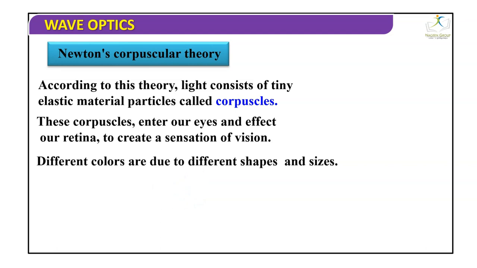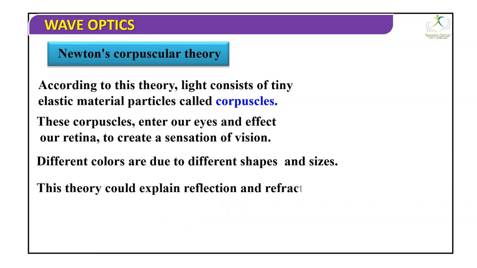Different colors are due to the different shape and size. This theory could explain reflection and refraction as well.